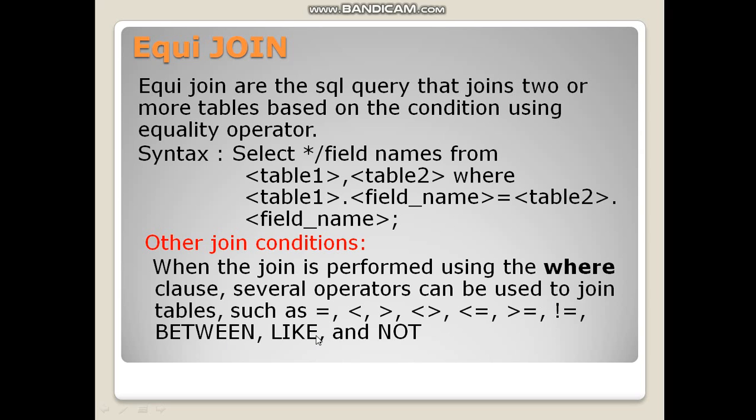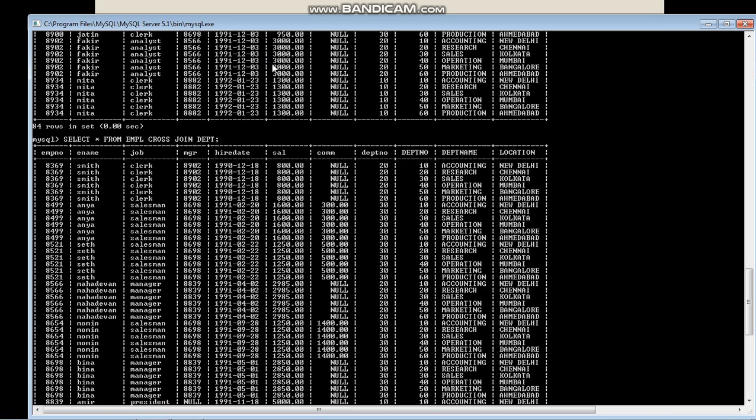These are the operators we generally use for SQL conditions. But if we use the equal to operator for the condition, then that type of join is known as EqualJoin. Here I have not used the join clause. Using the join clause we will see later, but first I will show you EqualJoin practically.